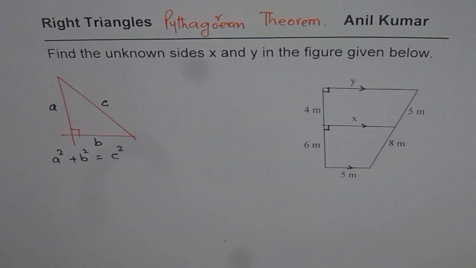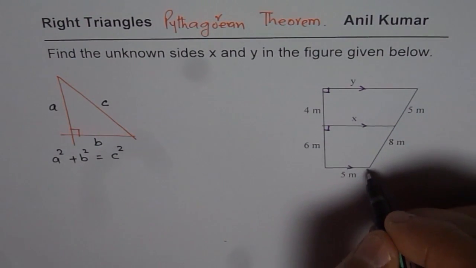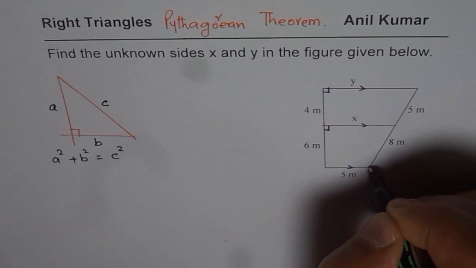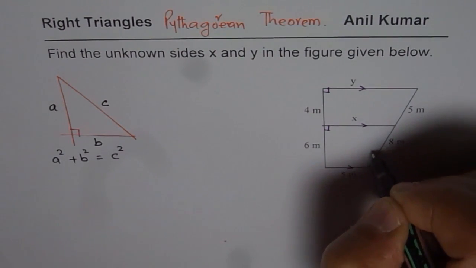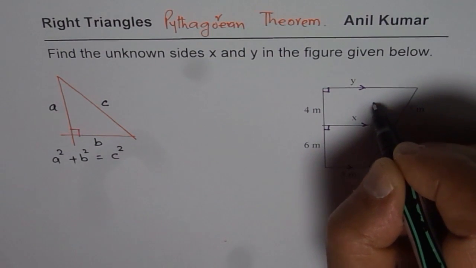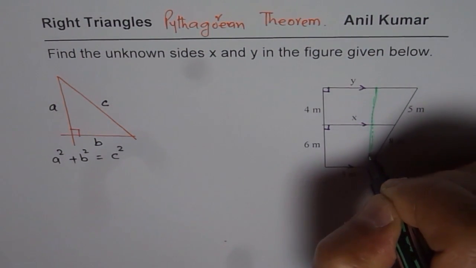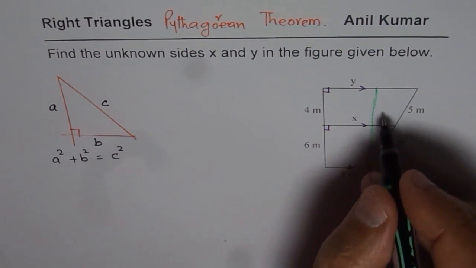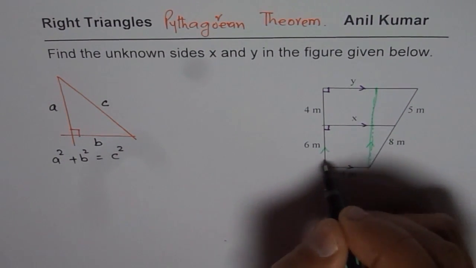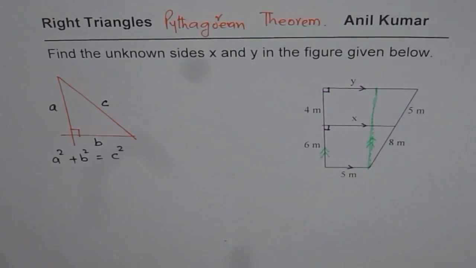Now what we can do is we can make a small construction that is going to really help you to solve this particular question. So if I drop a perpendicular from here like this, that is to say, if I draw this line, that is what I'm doing, construction, so that this line is parallel, we'll show with two arrows, to the given line.